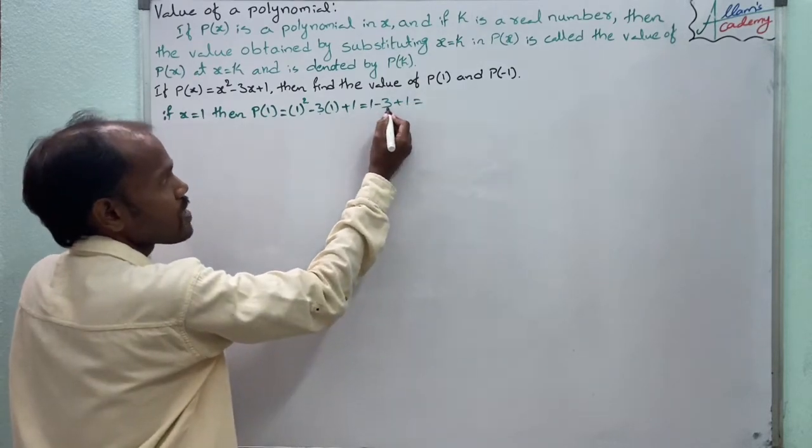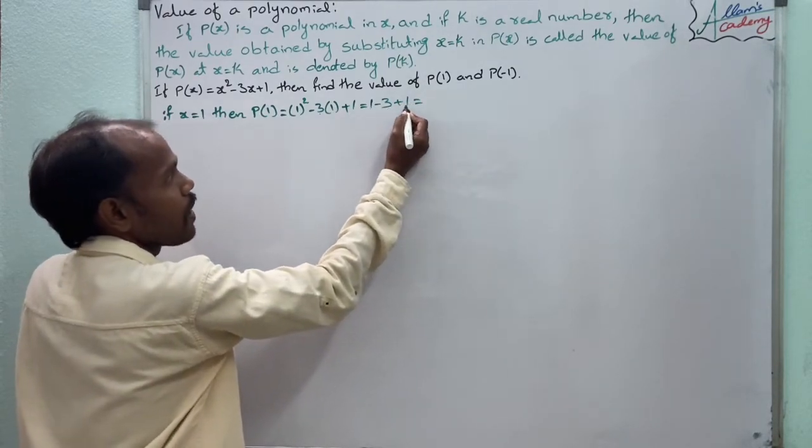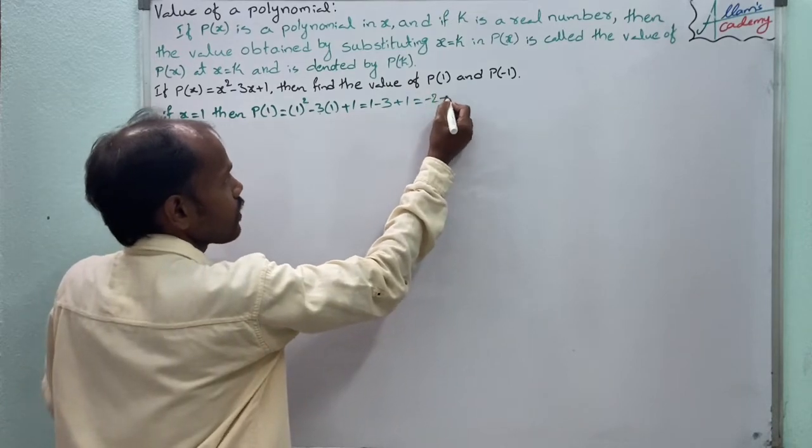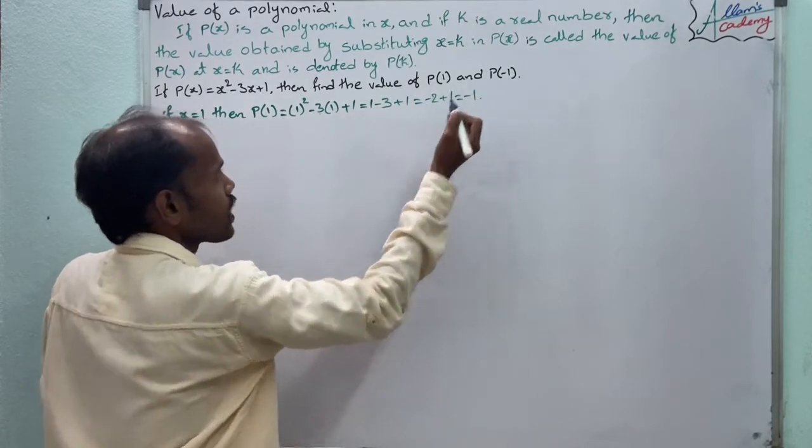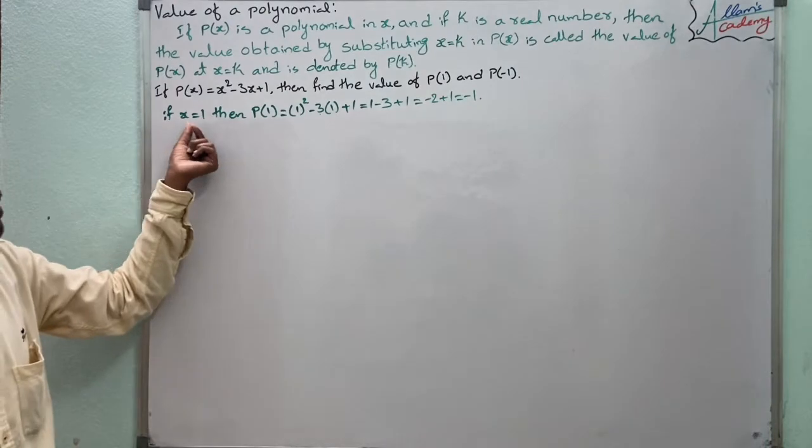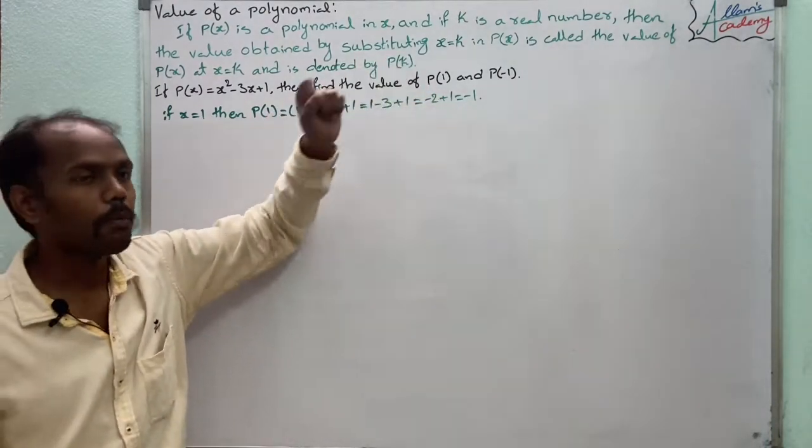So 1 minus 3 is minus 2, plus 1 equals minus 1. So if x equal to 1, then p of 1 equal to minus 1.